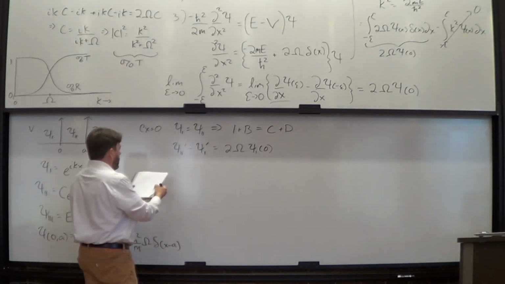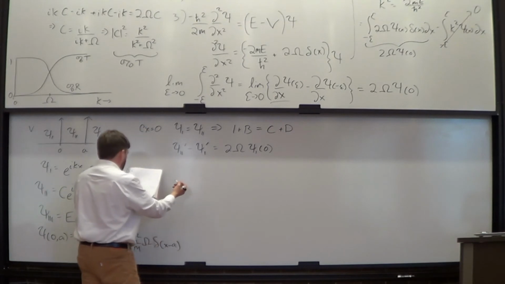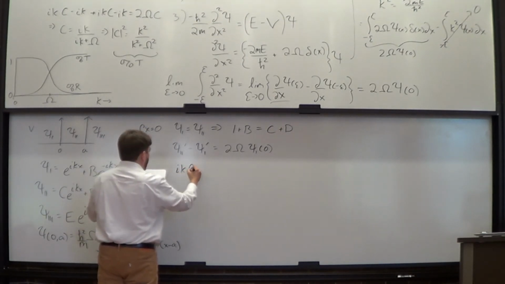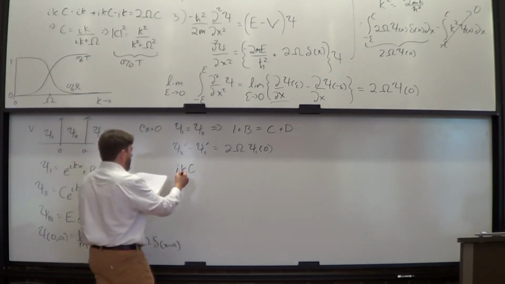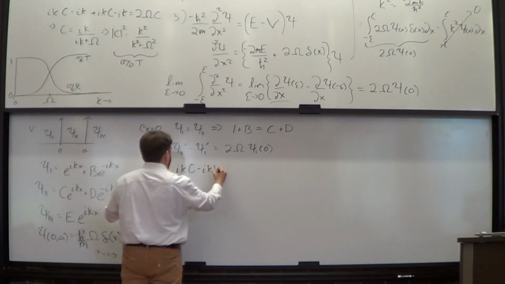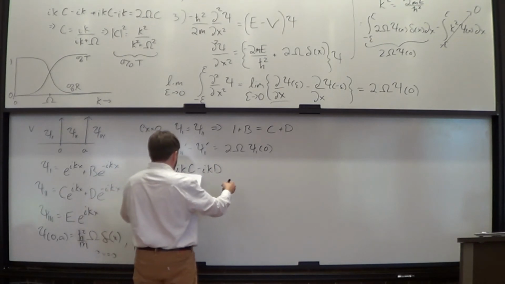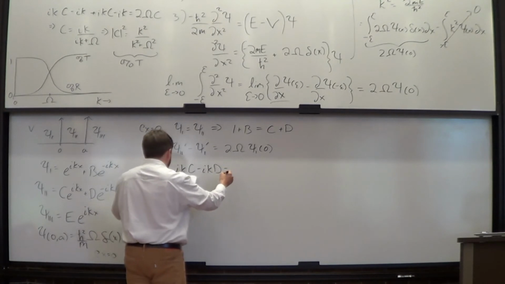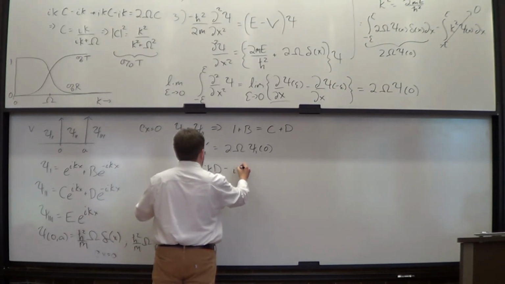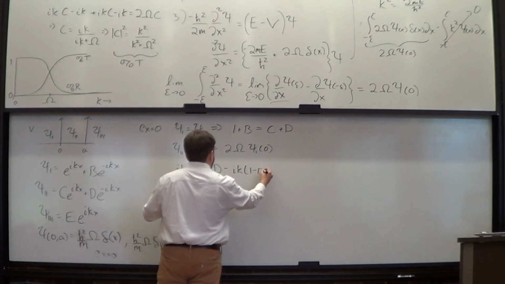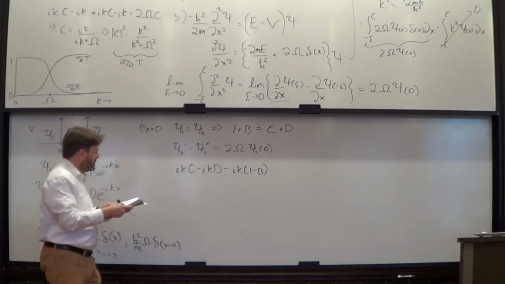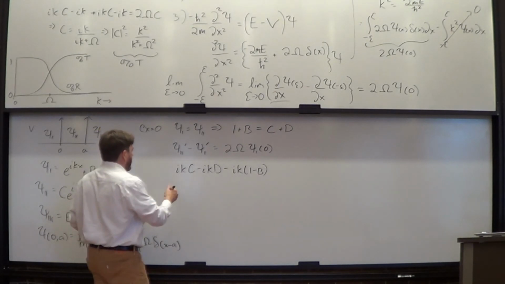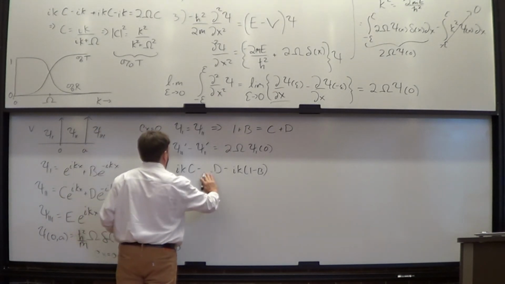And so this ends up being, on the integral on the right side, ik C e to the 0 minus ik D e to the 0, that's 1. Okay, so that's this part. Then we're going to subtract the integral on the left side, and that is ik (1 minus b). Remember, A is actually 1. I could have done this, right?